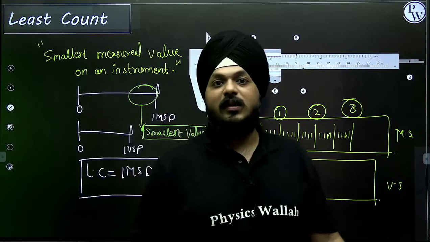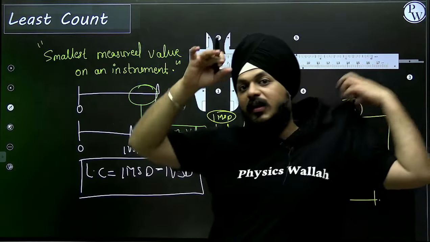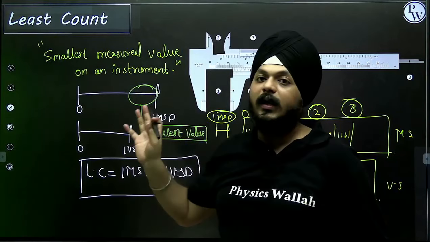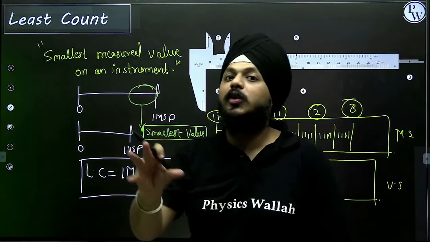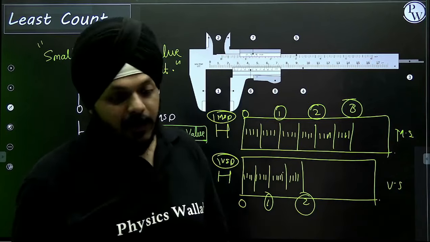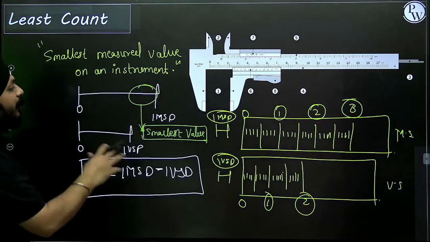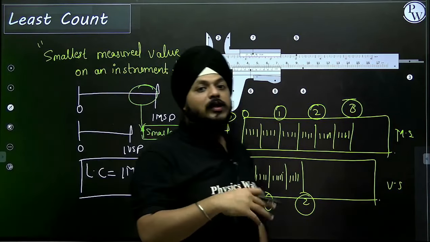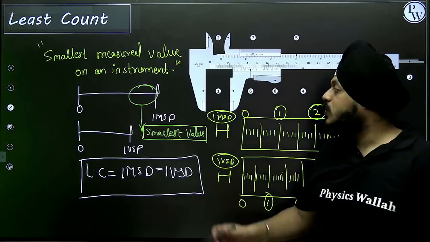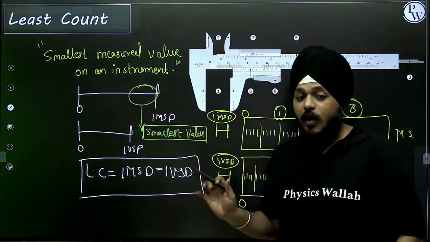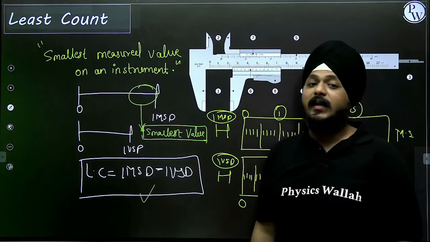What is the definition? A least count depends on the instrument. In Vernier calliper, we calculate in this way. In screw gauge, we will calculate in a different way. So the smallest measured value. Why are we using this formula as the least count?